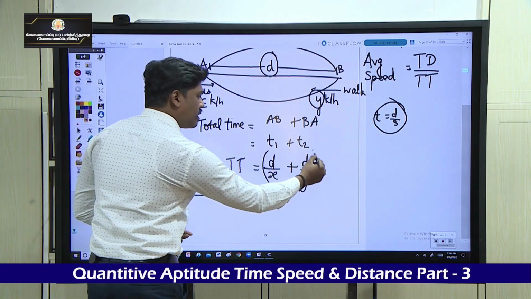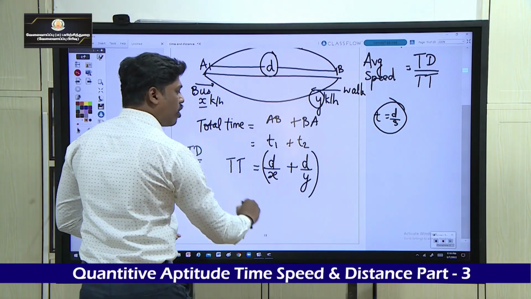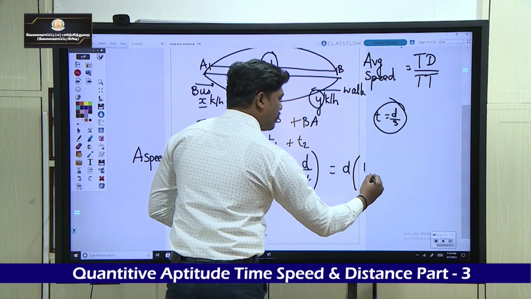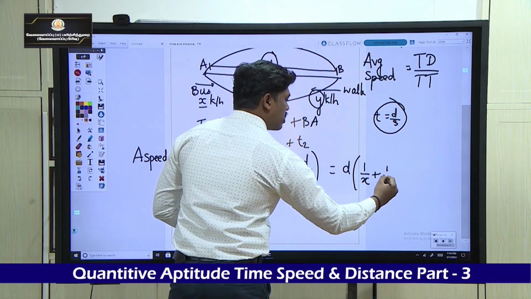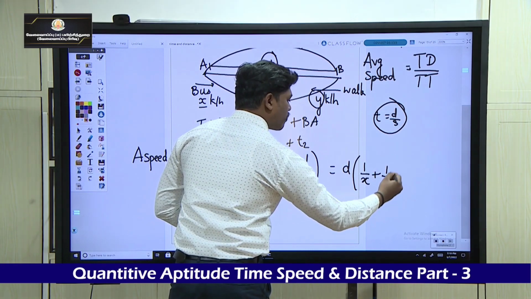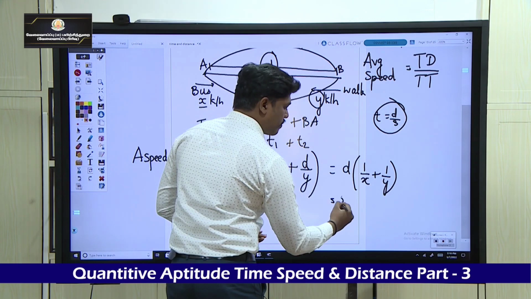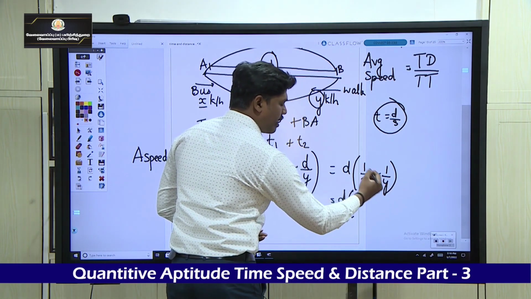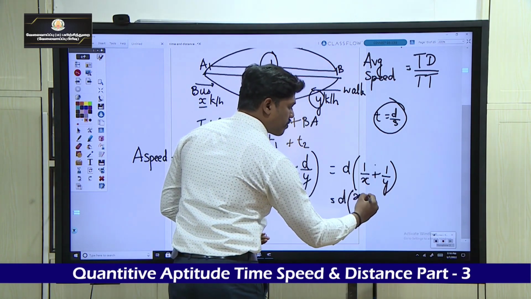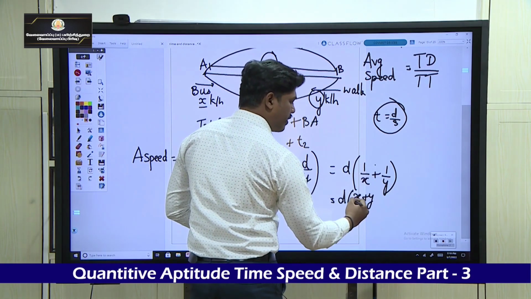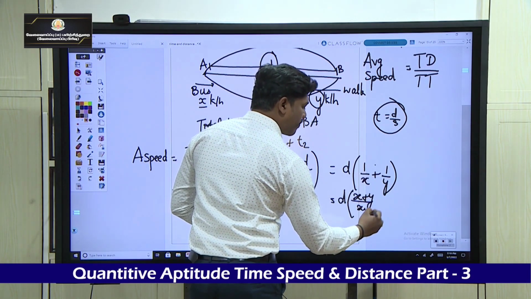D by x plus D by y, or take D common here. So, we get 1 by x plus 1 by y, or you can cross multiply: x into 1 plus y into 1 divided by xy.